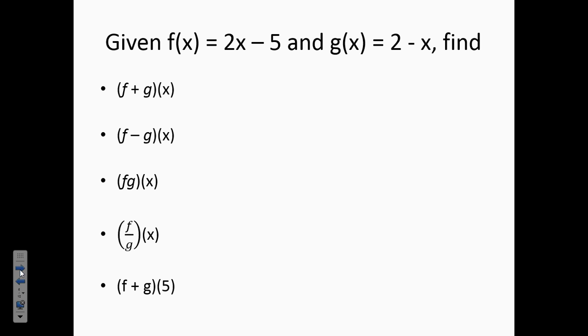So f of x is 2x minus 5. I'm adding it to g of x, which is 2 minus x. Combining like terms, 2x and negative x is a positive 1x. Negative 5 and 2 is negative 3. So f plus g of x results in x minus 3.